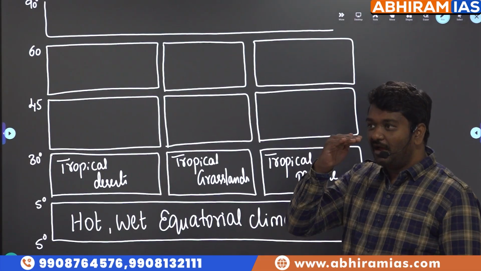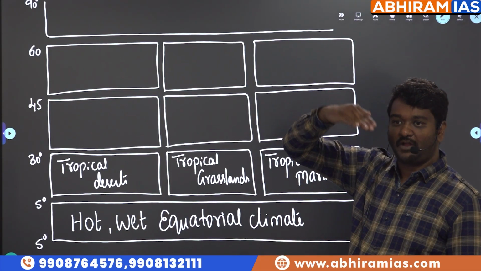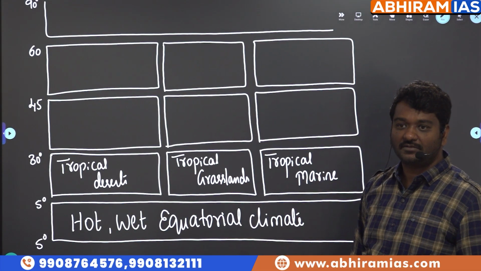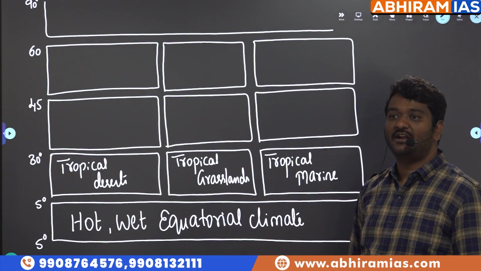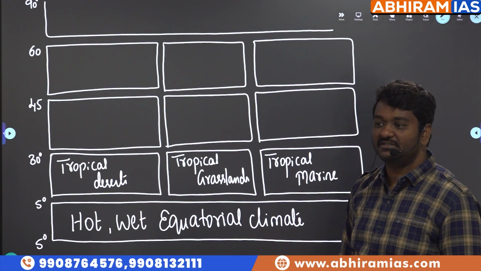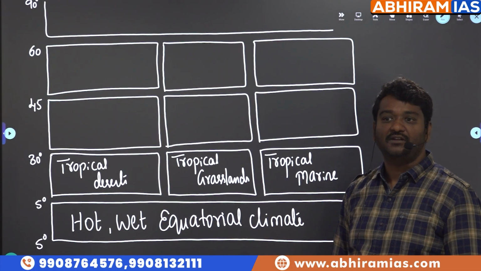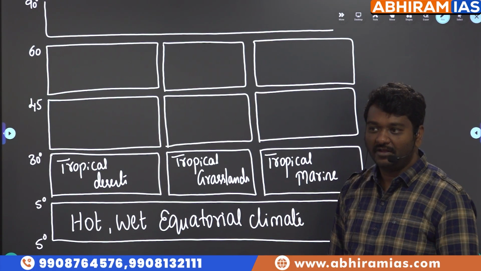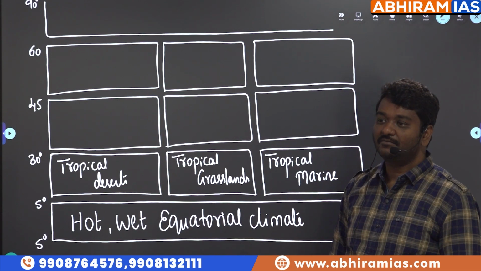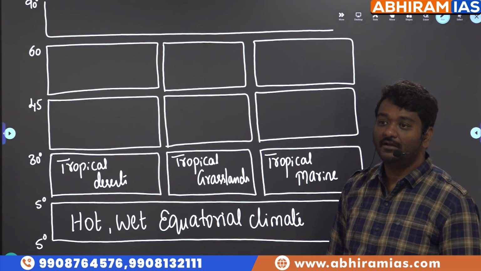Second, you see, above desert, do you have Punjab, Haryana region? Yes. Punjab, Haryana, do they receive rainfall in winter season? Do you recollect western cyclonic disturbances, winter season? Punjab, Haryana gets rainfall. Yes. From where do they get rainfall? Which sea?